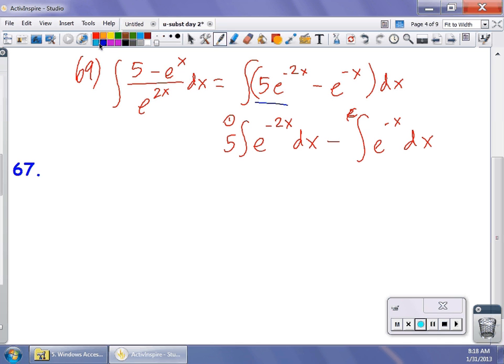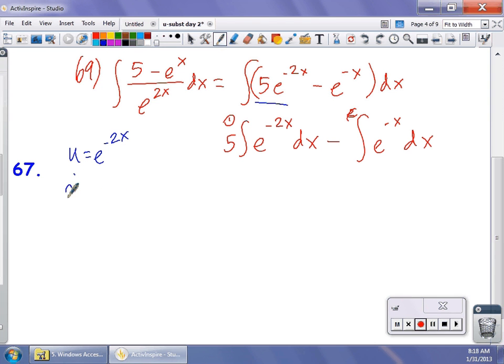So my first u substitution, I'm going to let u equal the inside function, e to the negative 2x. du is equal to e to the negative 2x times negative 2 dx. Let me clear that up a little bit.